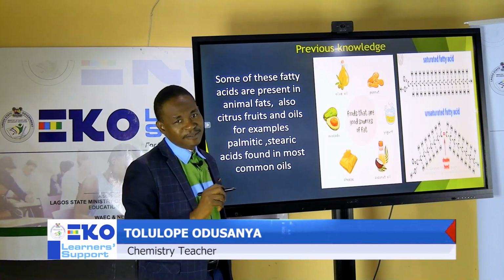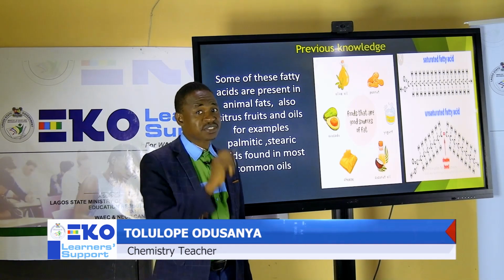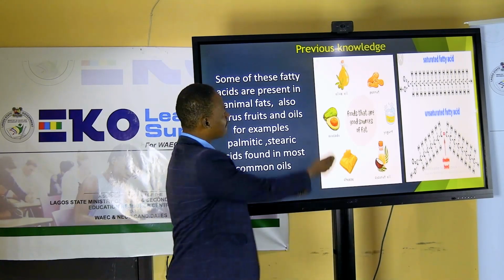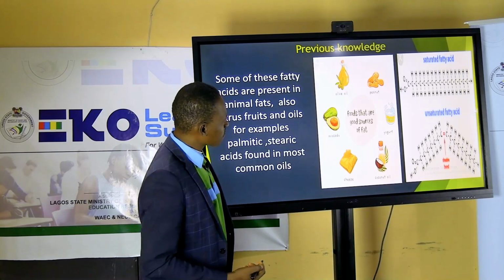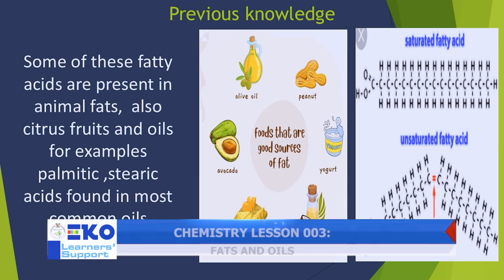But before then, let me share some vital information about previous knowledge with you. What can you see here? Here you are seeing different words, fruits. So this particular fruit you are seeing here, what do they contain? Some have what we call saturated fatty acid.